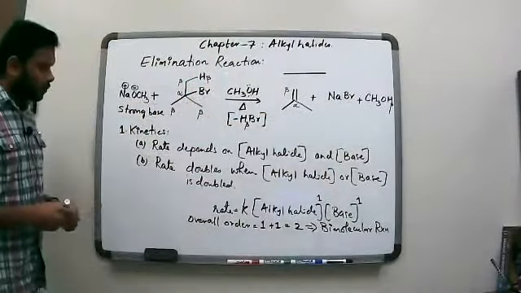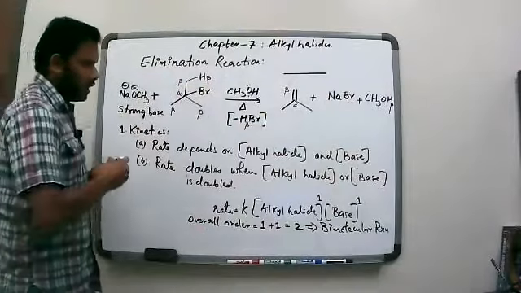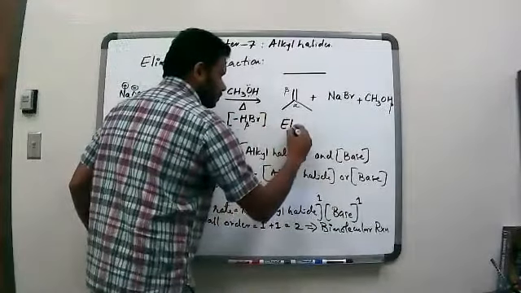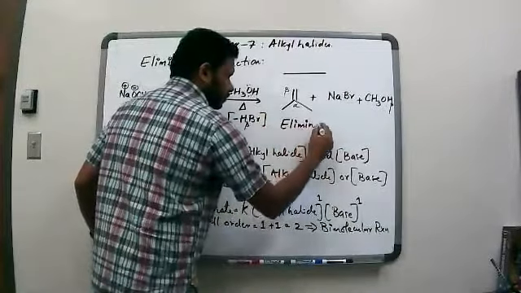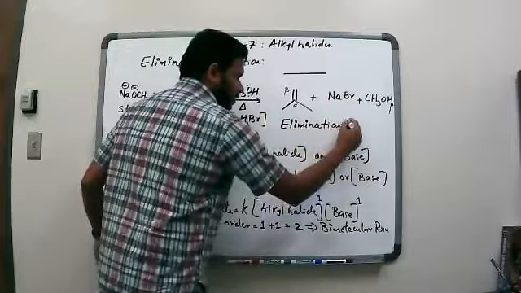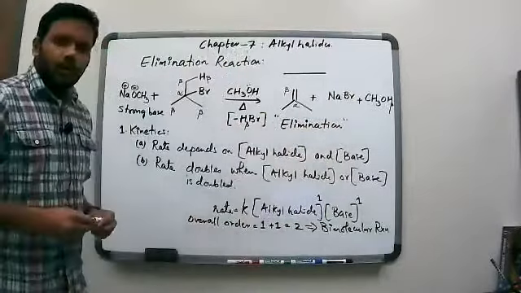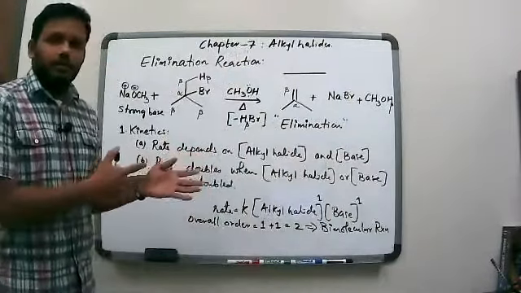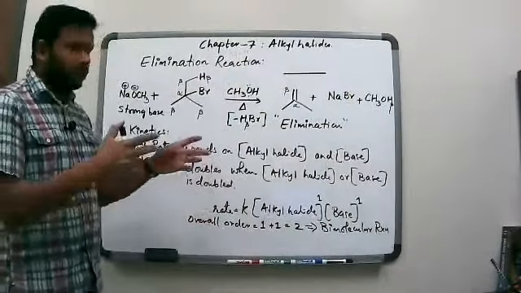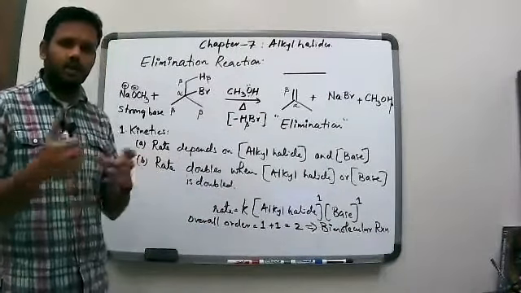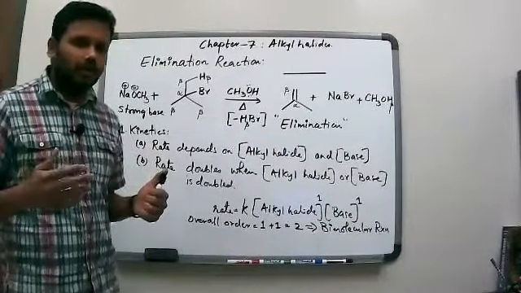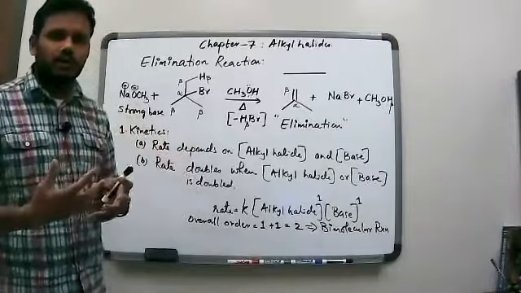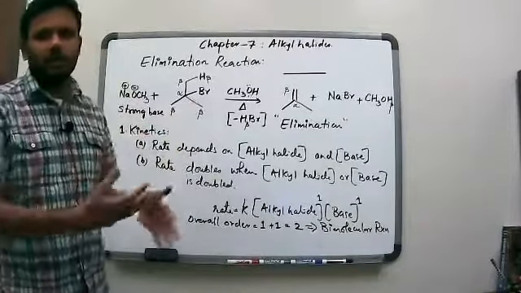Okay, so overall, this is an elimination reaction, because we are eliminating a small molecule. And this is like elimination of alkyl halides. Elimination reaction is just a very general term, which would include any reaction in which a small molecule is lost from your starting material and you get to your product.